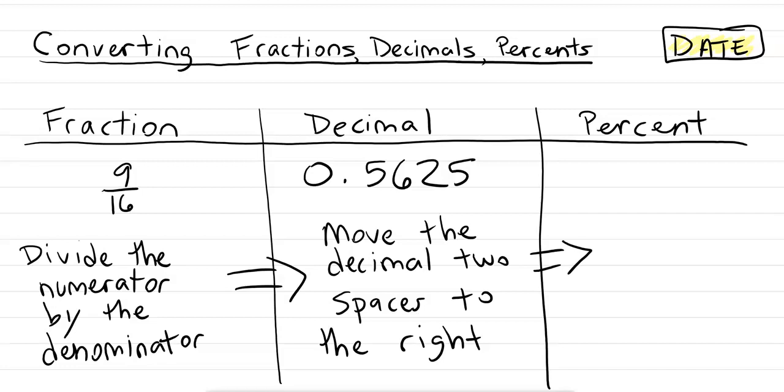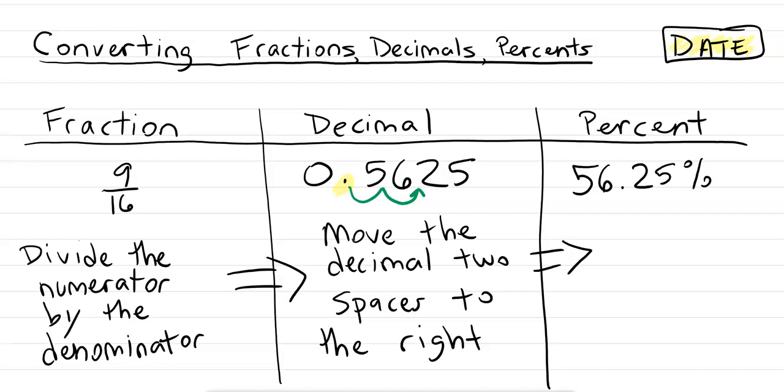So the decimal, remember, is this part right here. So we're going to move this 2 spaces to the right. So when I move that 2 spaces to the right, the new number I get is 56.25%. So I started with the fraction. I divided the numerator by the denominator to get the decimal. To turn that decimal into a percentage, I move it 2 spaces to the right, and there's my percent.